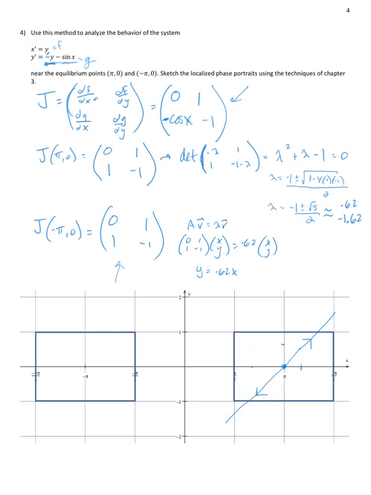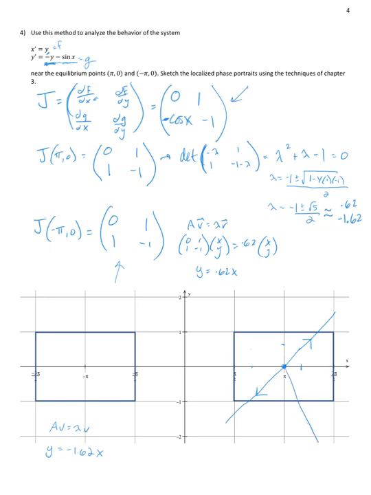And then I have to do a similar A v equals lambda v calculation for negative 1.62. And I'm going to get y equals negative 1.62x. So if I make x 1 again, negative 1.62 would be like here.